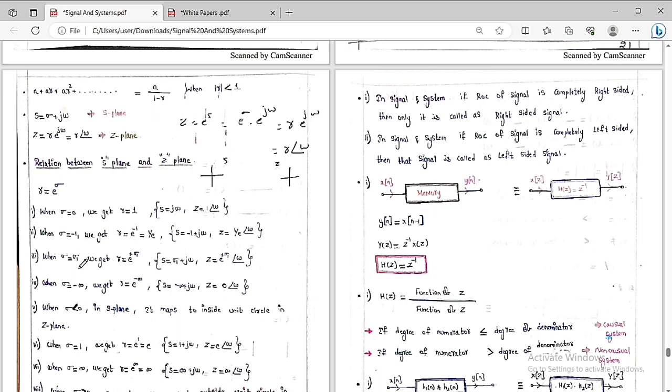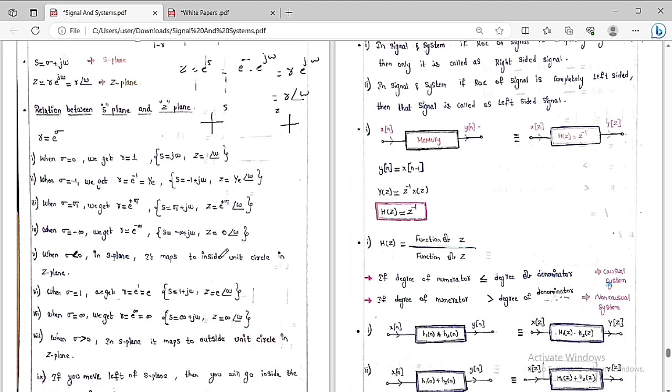Similarly, when sigma is equal to sigma 1, R is equal to e to the power of plus sigma 1. Then S is equal to sigma 1 plus j omega 1, and Z is equal to e to the power of sigma 1 at an angle of omega. Same concept. Suppose sigma is equal to -infinity, then R is equal to e to the power of -infinity, which is 1 by e to the power of infinity, equal to 0.